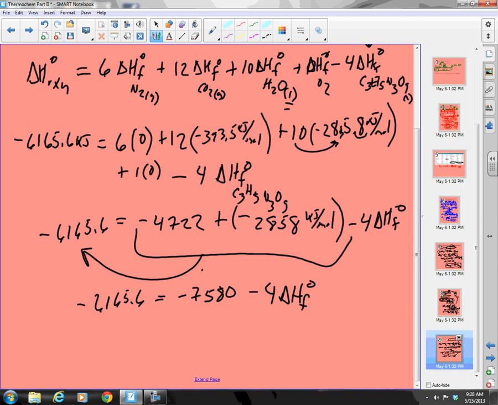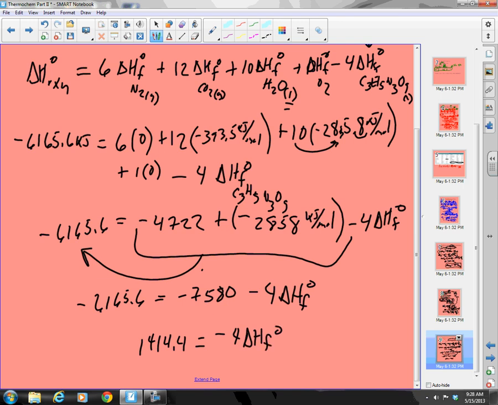So I'm going to add the 7580 to both sides. 7580 minus 6165.6. I get 1414.4 is equal to a negative 4 times my delta H of formation.